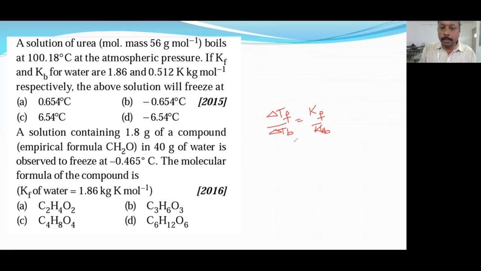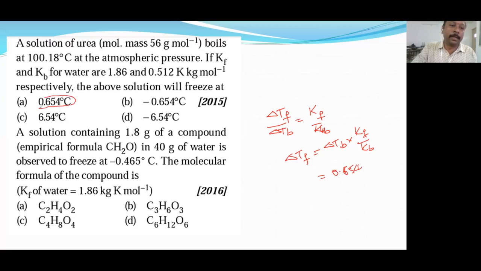And we are interested in the freezing point, that's why I keep delta TF in the numerator. So delta TB into Kf upon Kb. Kf, Kb both are given. Delta TB is also given. On substituting, you will get 0.654. See how cruel people are here.